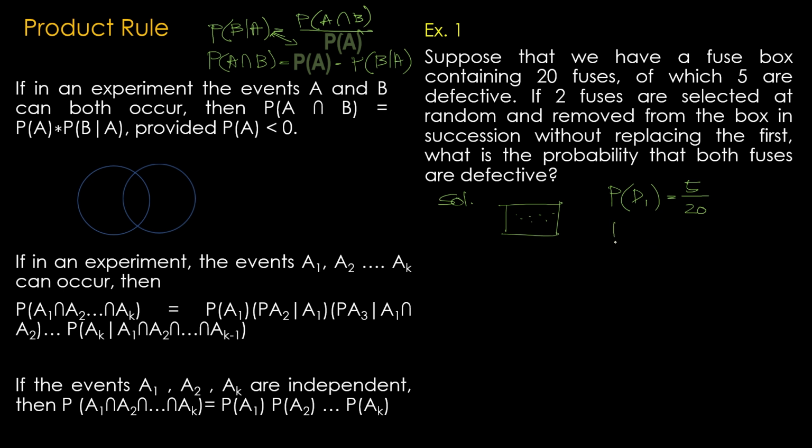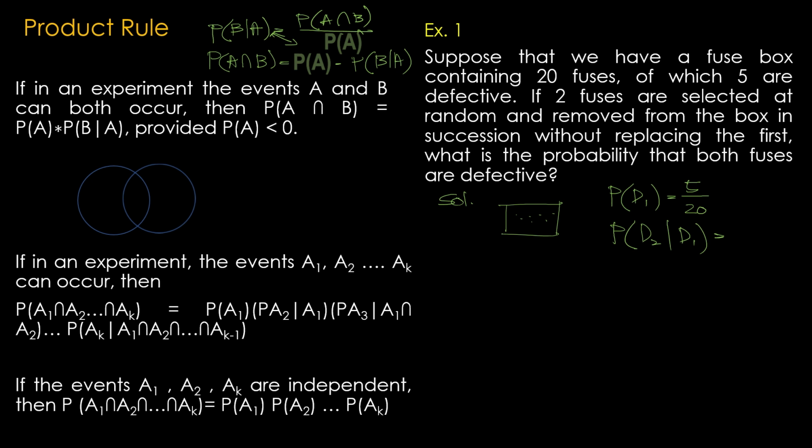And the probability of drawing a defective fuse in the second draw, given that you've drawn a defective fuse in the first draw, is equal to what? Remember, kumuha ka na ng isa, ha?